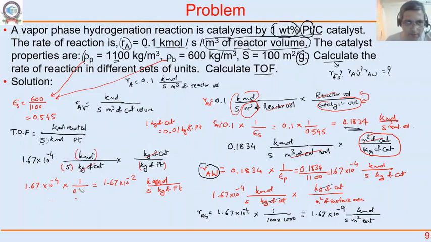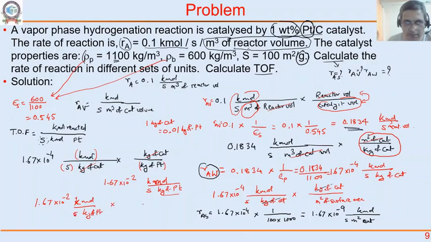So what have we got? We have got this 1.67 into 10 raised to minus 2. That's our kilomoles reacted per second per kg of platinum, right?